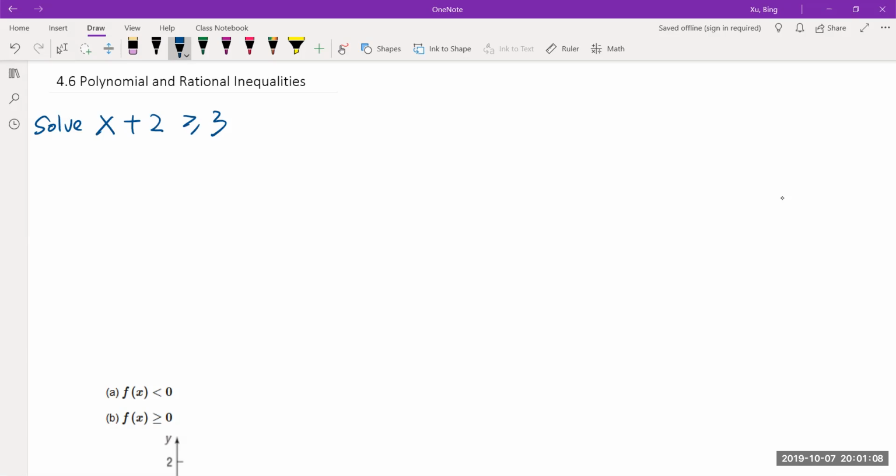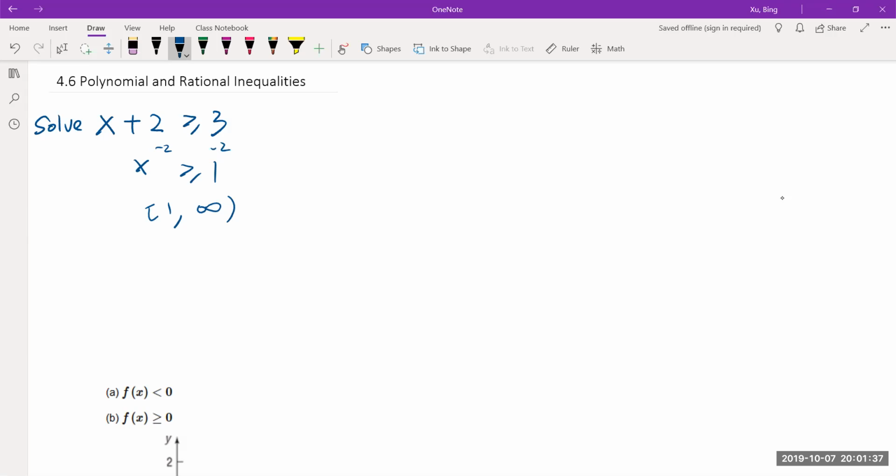If we solve this, you subtract 2 on both sides. You have x is greater than or equal to 1, and your solution set is all the numbers that are greater than or equal to 1. So solving an inequality is to find all the possible x values that satisfy the inequality.